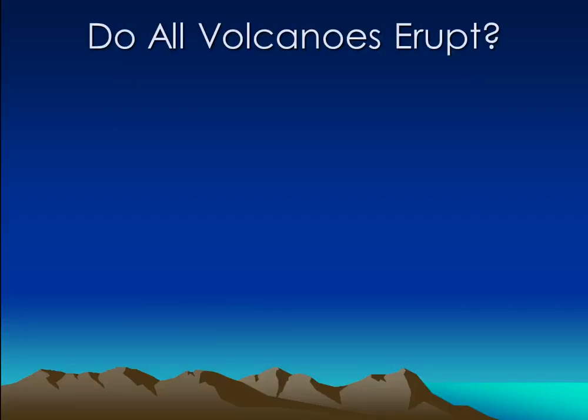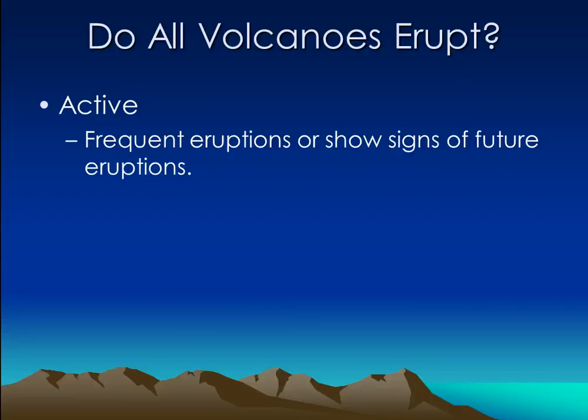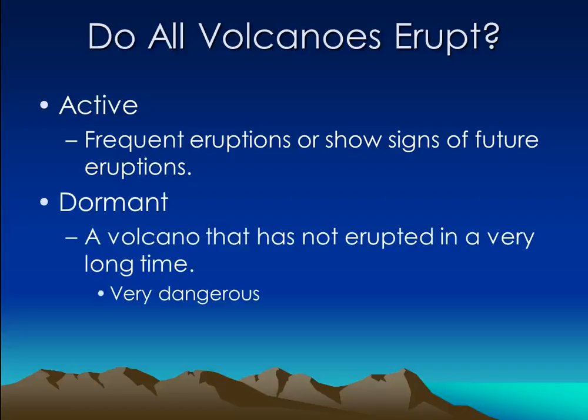Here's an important question. Do all volcanoes erupt? Well, no. We have three different types of volcanoes when it comes to thinking about whether they're going to erupt or not. One is called the active volcano. The active volcano means that there are frequent eruptions, or that scientists can see signs that this volcano will erupt in the very near future. Then we have a dormant volcano. A dormant volcano is just a volcano that has not erupted in a very long time.